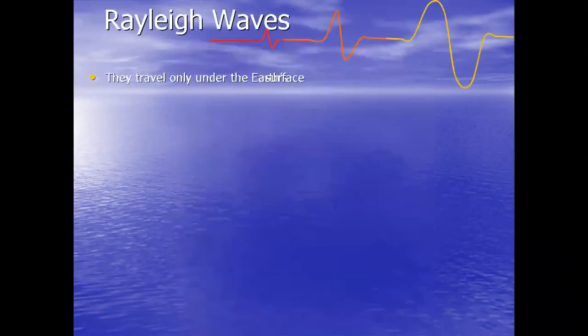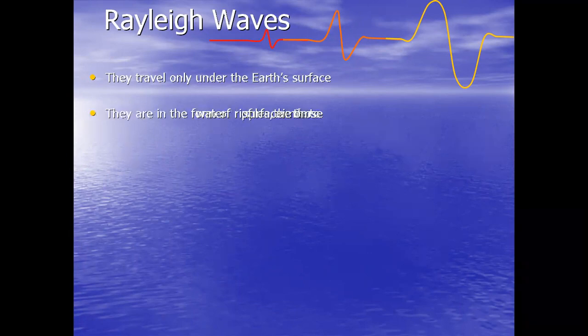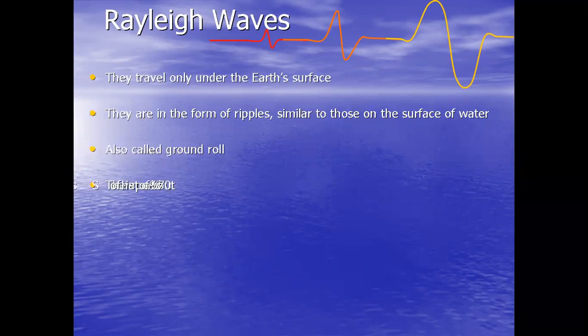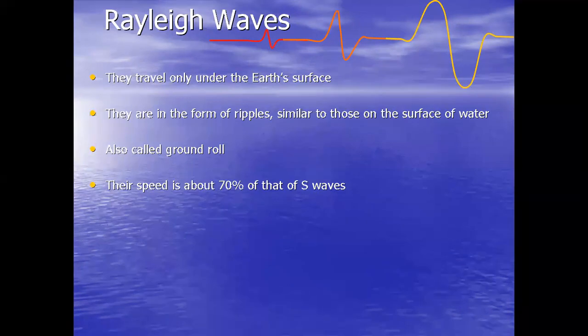Now we have Rayleigh waves, which are again high in amplitude, very dangerous waves during an earthquake. They are completely noise, because these are surface waves, and in seismic, this type of noise is known as ground roll. The noise caused by the Rayleigh waves is known as the ground roll.